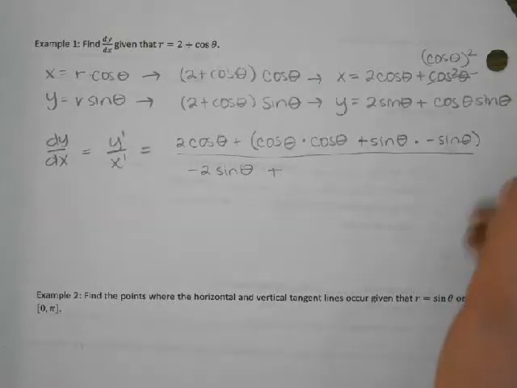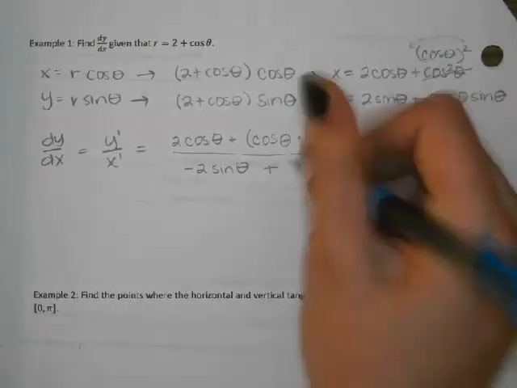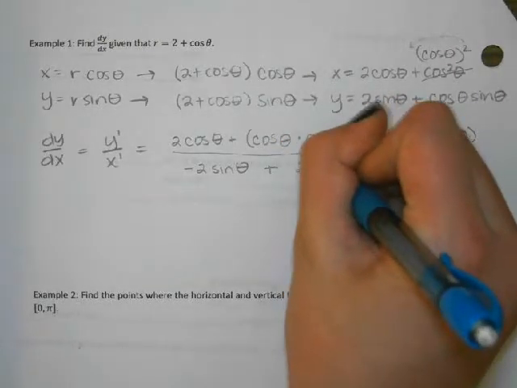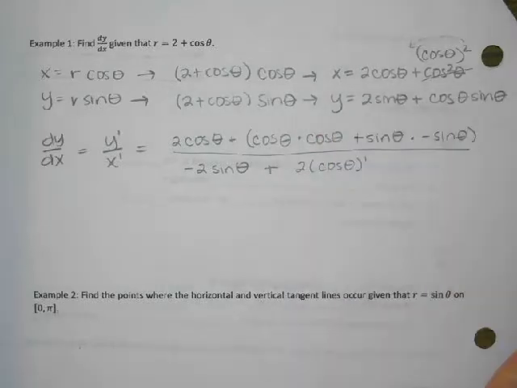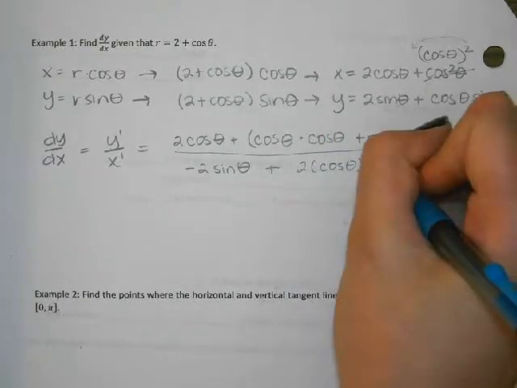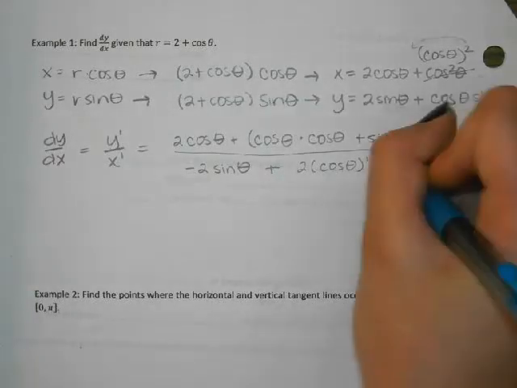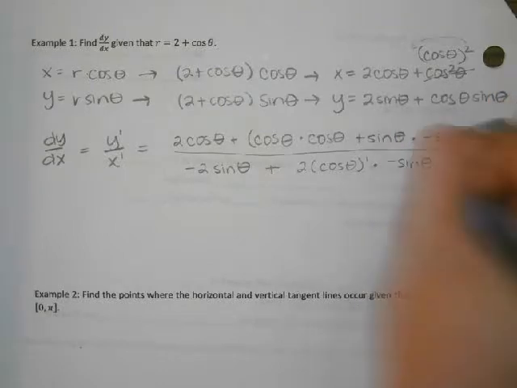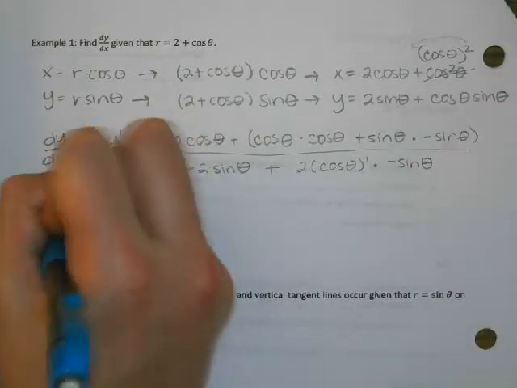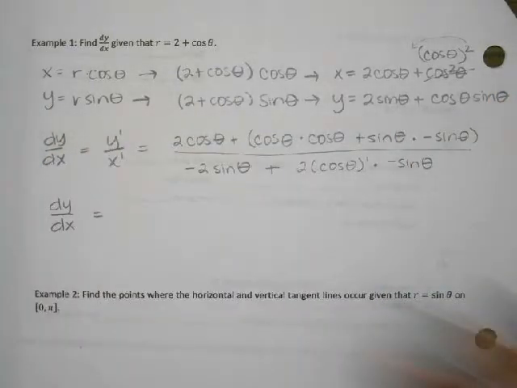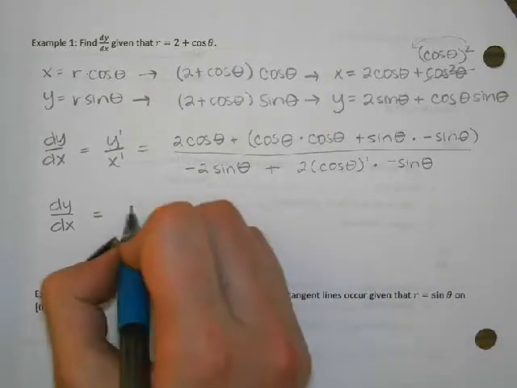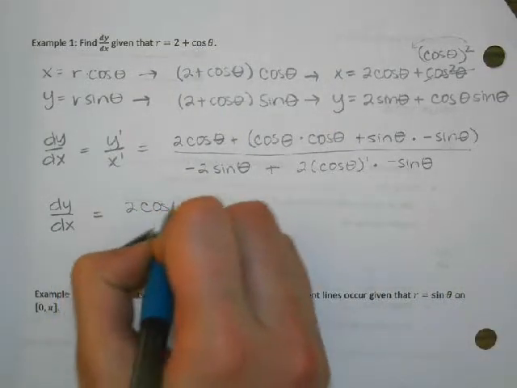So bring the 2 to the front. So 2 times cos theta to the 1 power times, so there's our chain rule. We did the derivative of the outside times the derivative of the inside. Negative sine theta. Okay. So now to get my final answer, I just have to clean things up a bit. So that gives me 2 cos theta on the top, and then what else do I have?